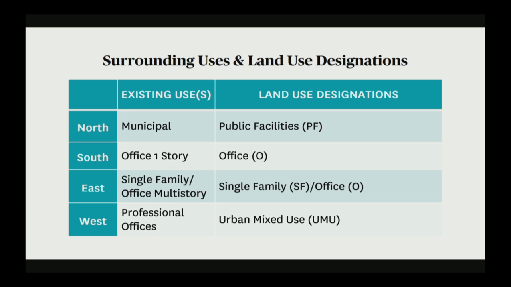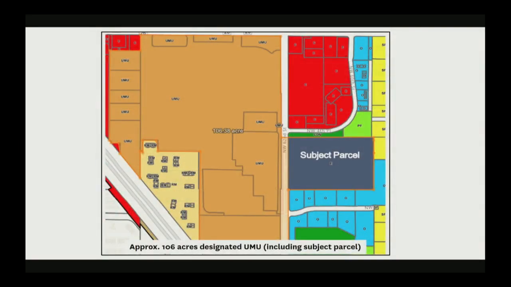And to the west are what are called professional offices by the property appraiser with designated urban mixed-use land uses. So looking at the area and totaling up the acreage for the land uses in the vicinity, there is approximately 106 acres that are already designated urban mixed use when you include the subject parcel.